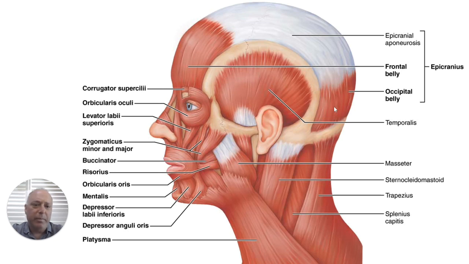There's also an occipital belly. So this frontalis muscle is quite long. In the middle, there's aponeurosis. Above, or right adjacent to the temporal lobe, is the temporalis. You can feel this guy when you're chewing.